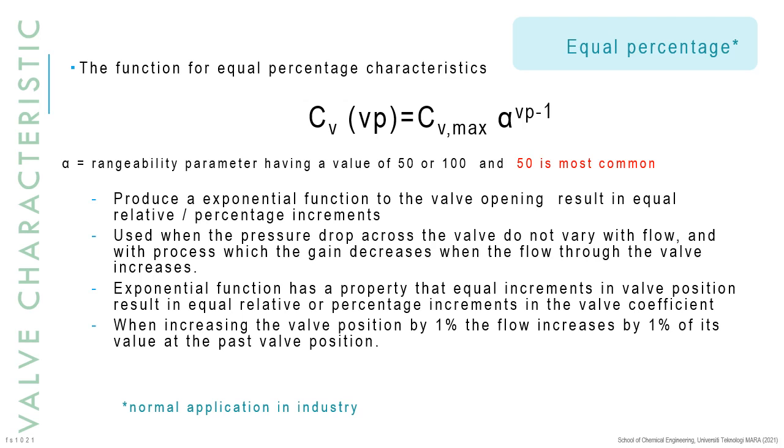It is used when the pressure drop across the valve does not vary with flow, and with processes in which the gain decreases when the flow through the valve increases. The exponential function has a property that equal increments in valve position result in equal relative or percentage increments in the valve coefficient. When increasing the valve position by 1%, the flow increases by 1% of its value at the past valve position.